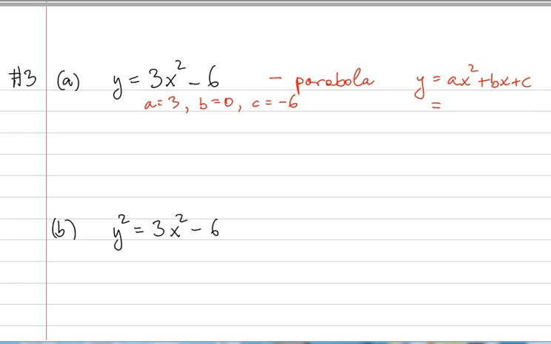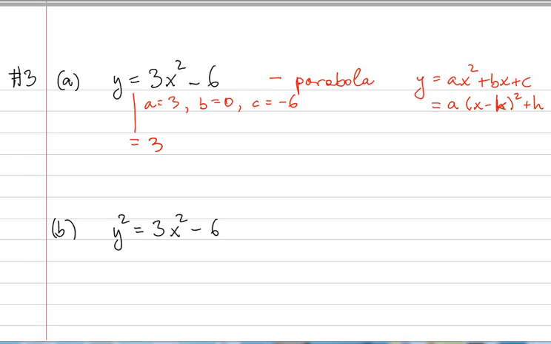The vertex form of the parabola is a times x minus h squared plus k. So we would get that by completing the square here, but there's nothing to complete because there is no x term.